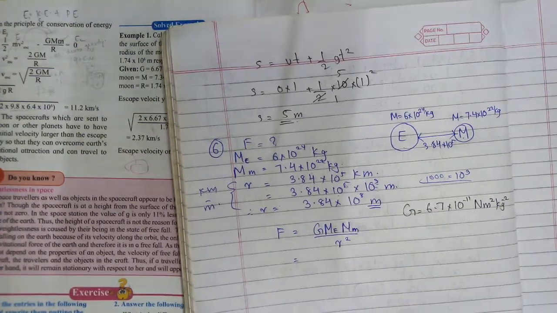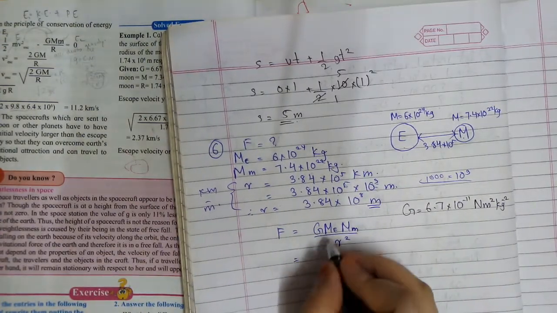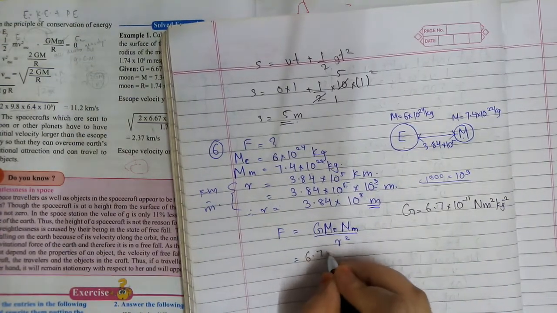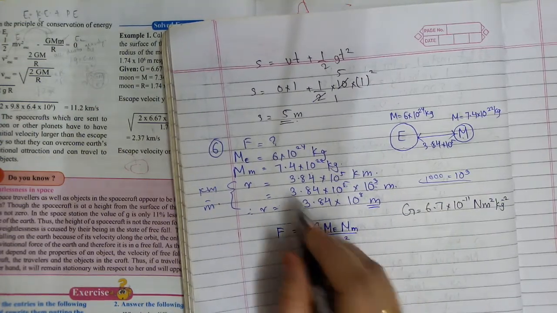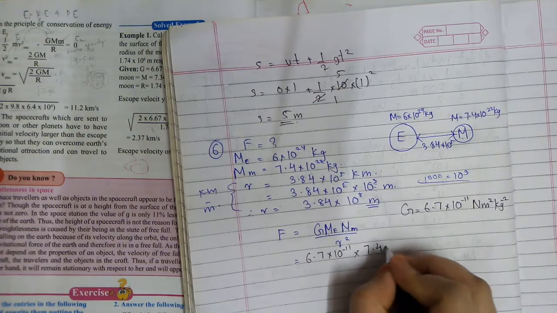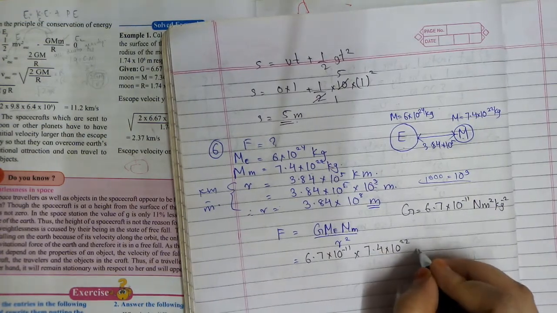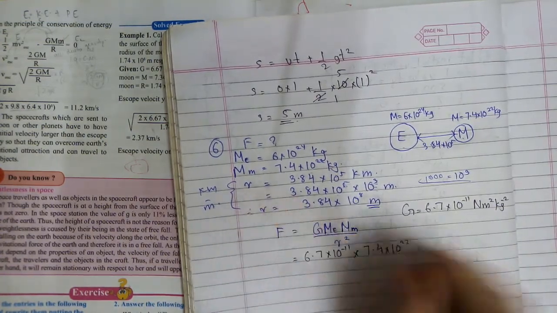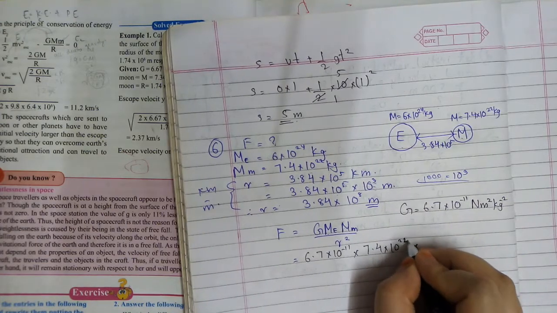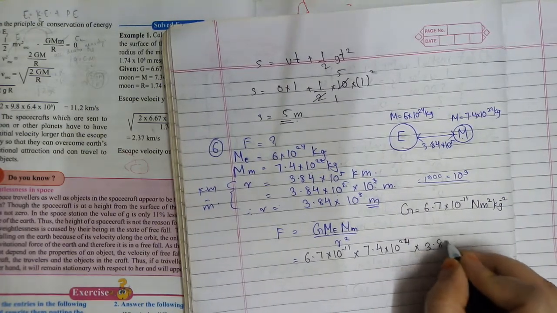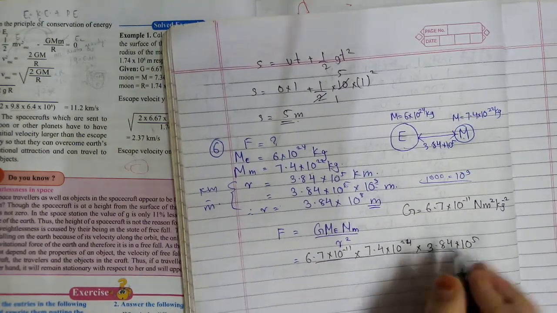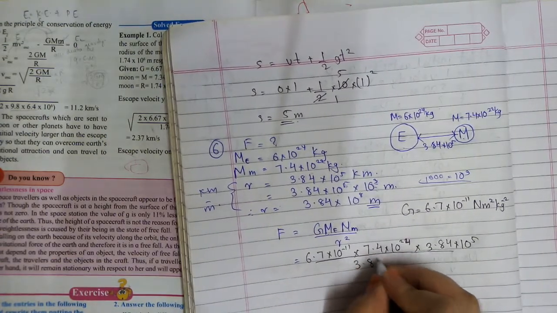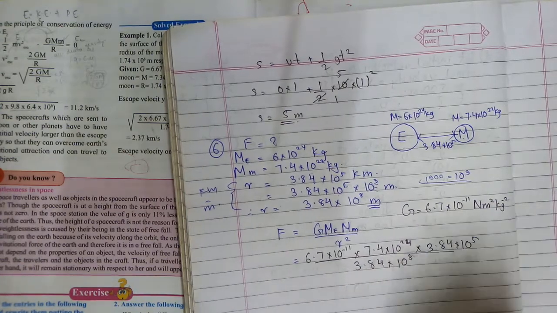Now let's put all the values in the formula. G is 6.7 into 10 raised to minus 11, and the mass of earth is 6 into 10 raised to 24 kg, and the mass of moon is 7.4 into 10 raised to 22 kg, upon distance 3.84 into 10 raised to 8.